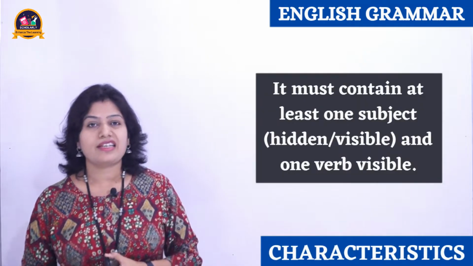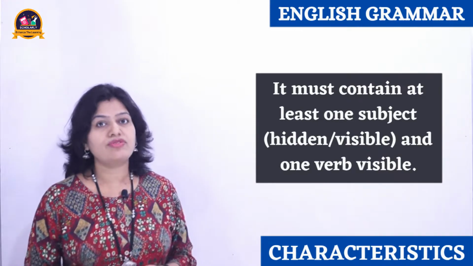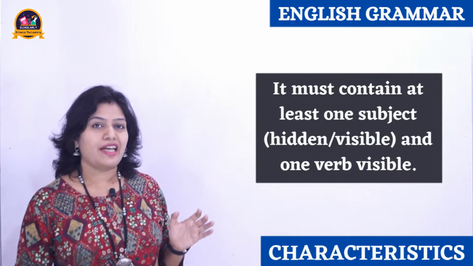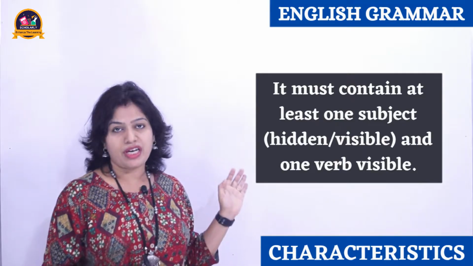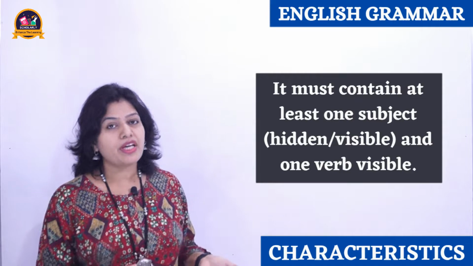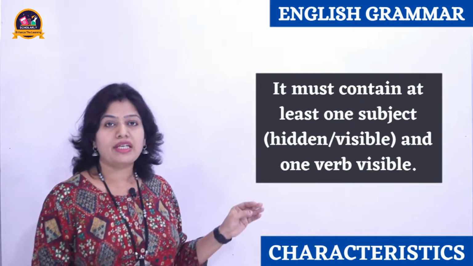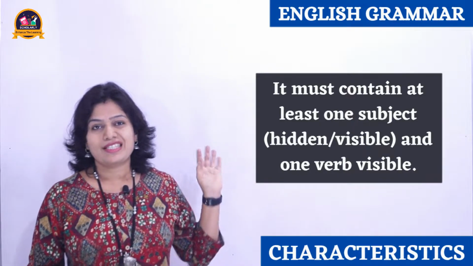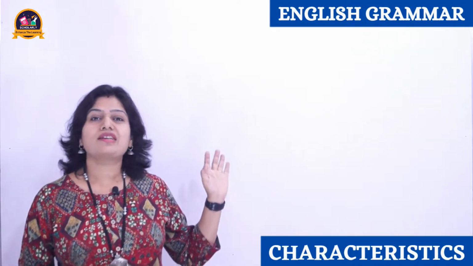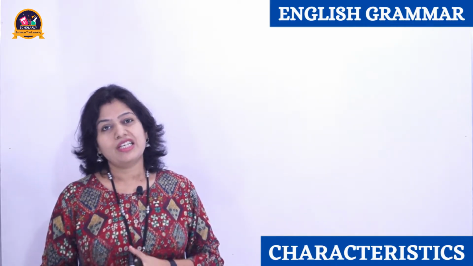Third and last characteristic is each sentence in English in written form must contain at least one subject and one verb. The subject may be hidden or visible, but the verb should be present and visible in that sentence. So these are the main characteristics of a sentence in our English grammar.